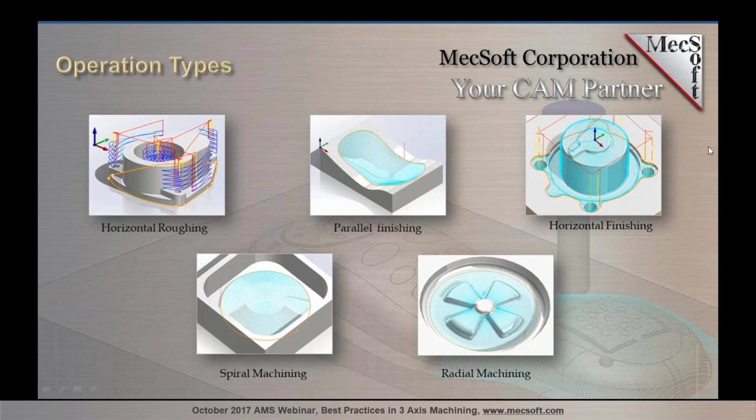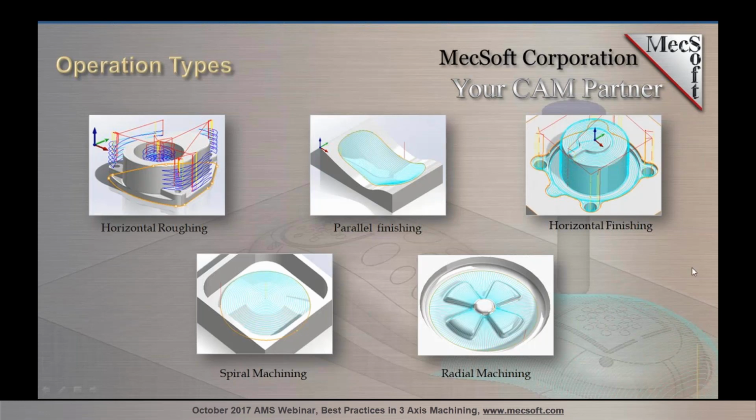And then the last operation I wanted to touch upon is the radial machining. Similar to spiral machining, this strategy is also used for finishing operations for regions that have circular characteristics. And in this type of strategy, linear cuts are generated extending from a center point within the machining region.